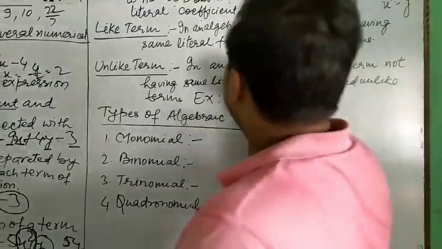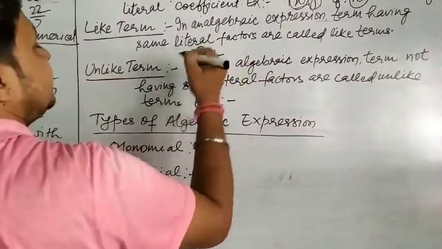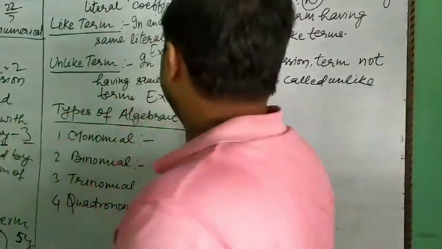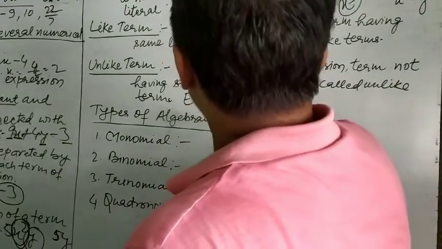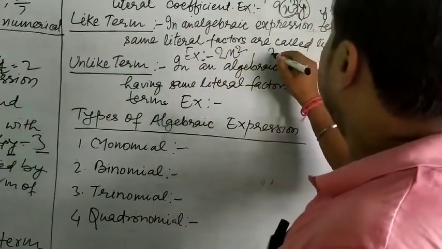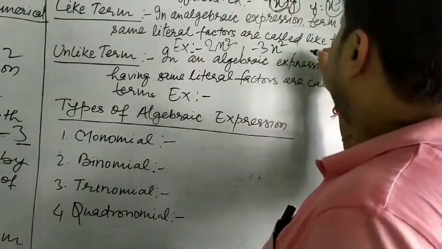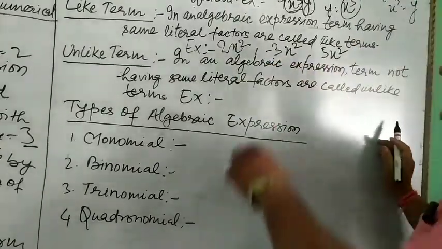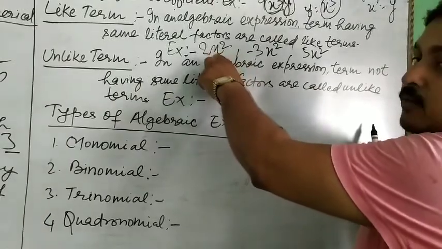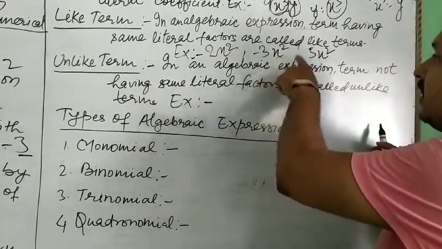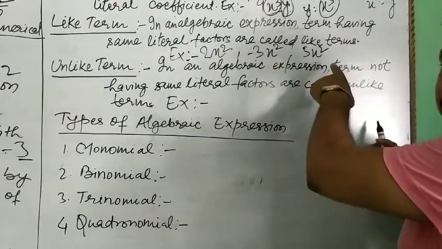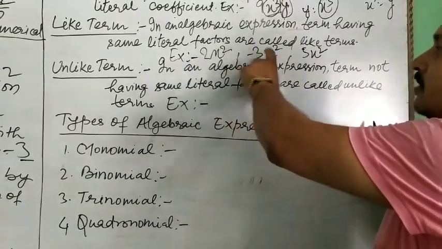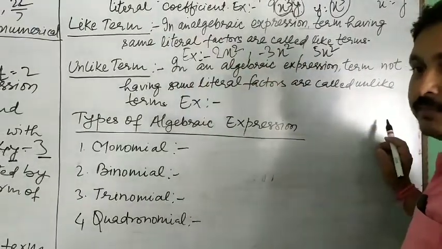For example, here we take 2x square, minus 3x square, 5x square. That's the literal value, x square, which is the same, so these terms are called like terms.